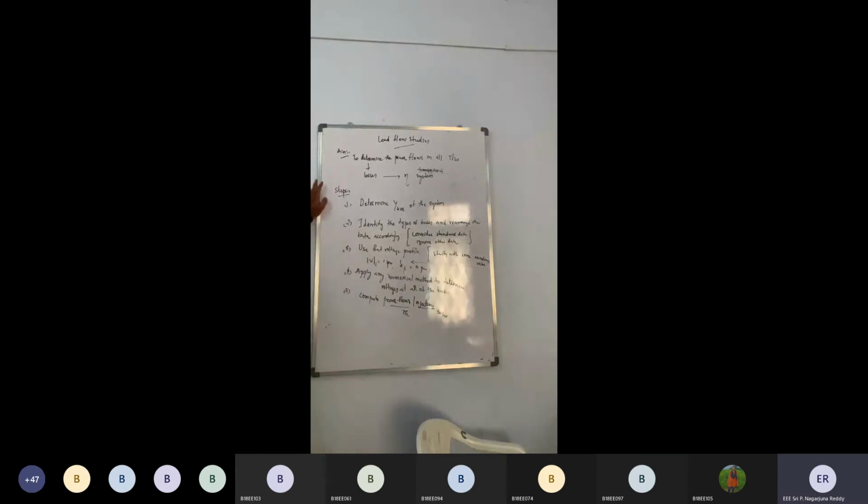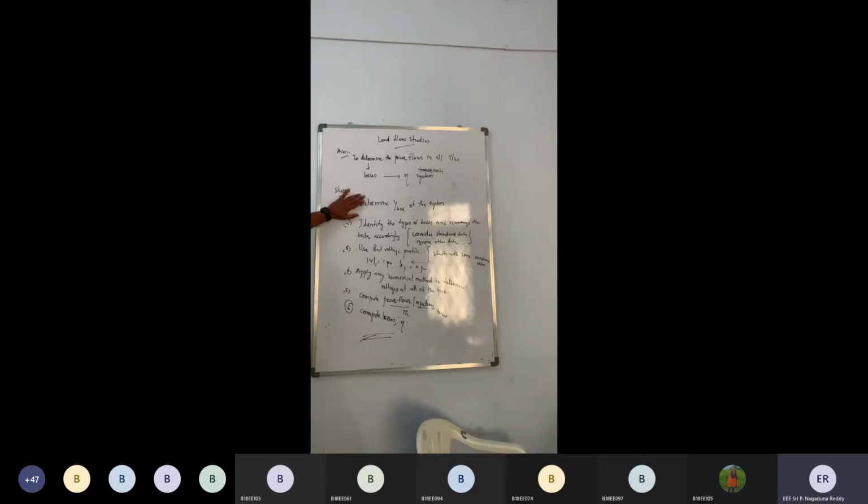So compute the power flows in transmission lines or the bus injections at all the buses. Once it is done, compute the losses, and finally, the efficiency of the system. These are the common steps which you find in any of the load flow problems.